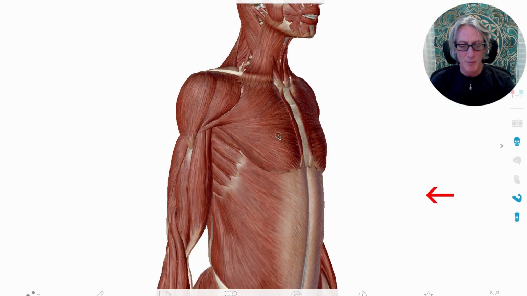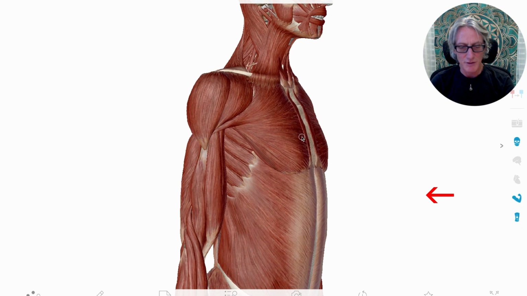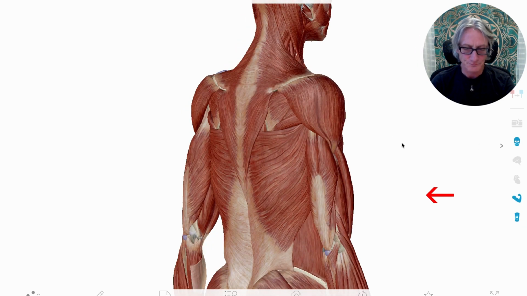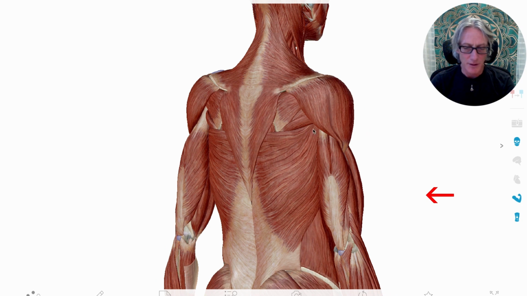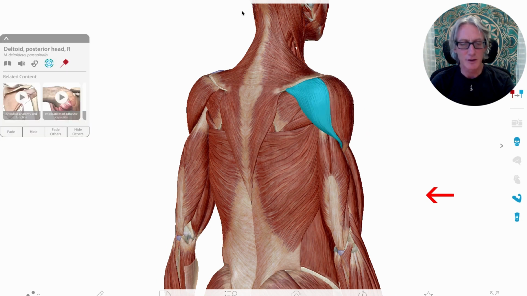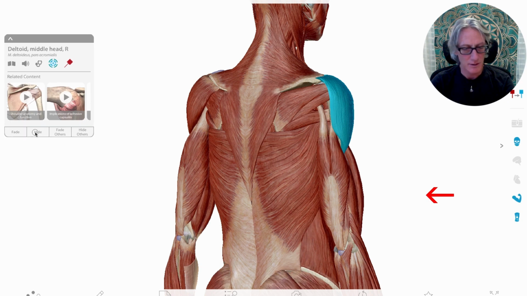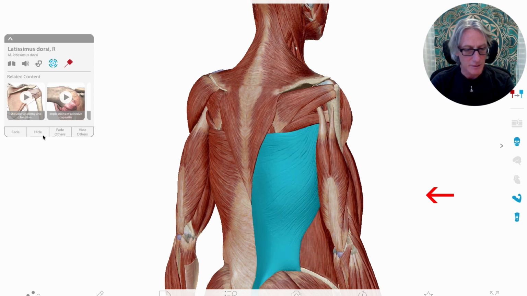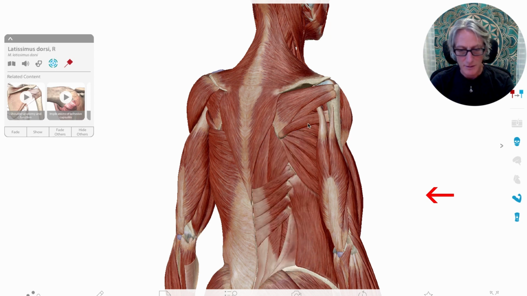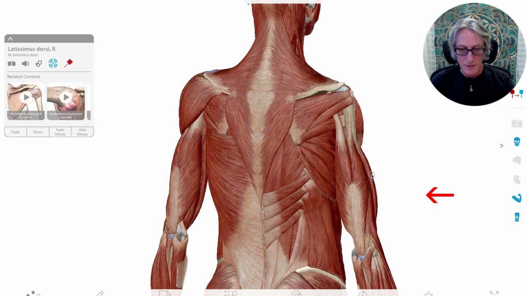Here's another diagram. We couldn't see the serratus anterior very easily from the other view, so I'll briefly show this. Here's some of the superficial muscles. Here's deltoid, hide, deltoid, hide. Then we have lat, hide, and infraspinatus. So here's our scapula.